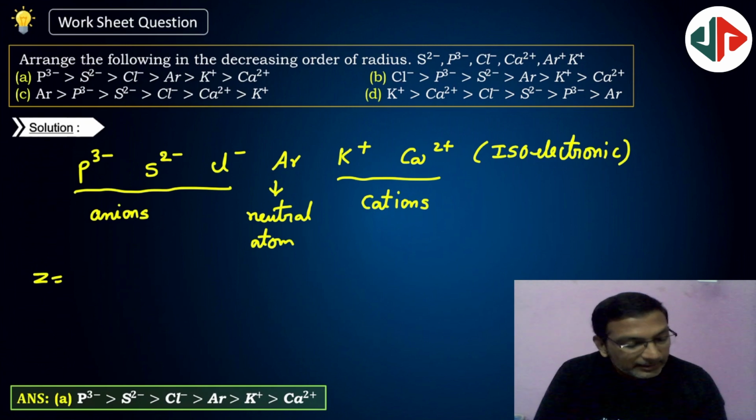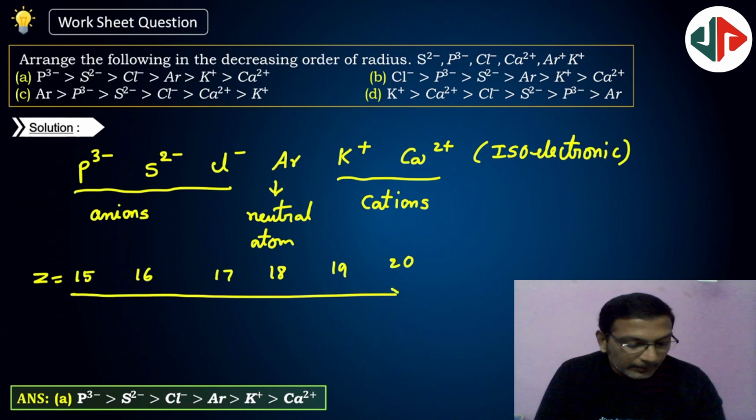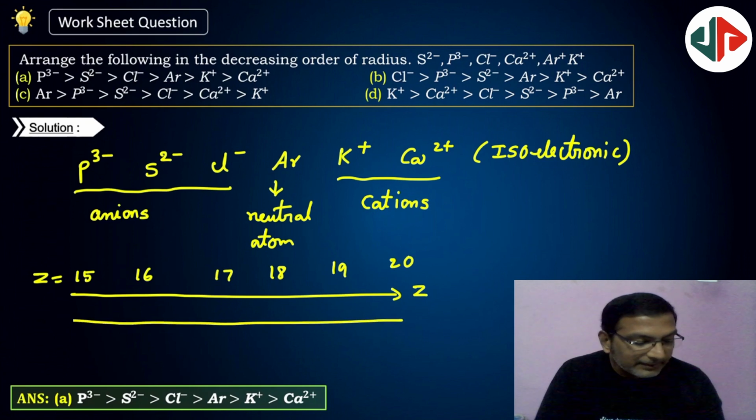Write atomic number 15, 16, 17, 18, 19 and 20. So in this direction atomic number increases, size will be reverse.